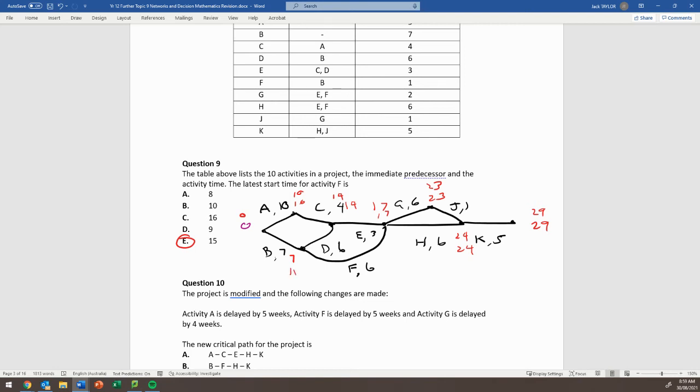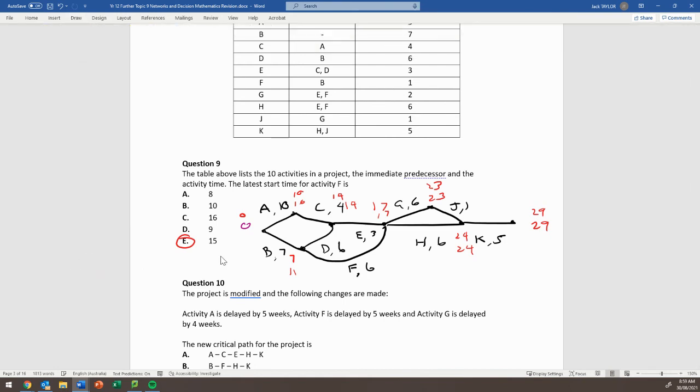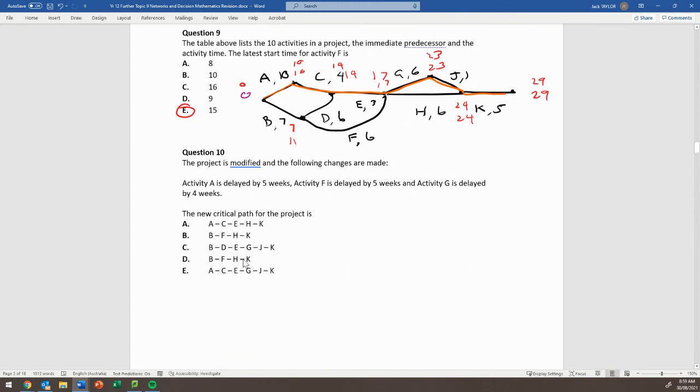All right, cool. So the critical path here is A, C, E, G, J, K. So the answer is E.